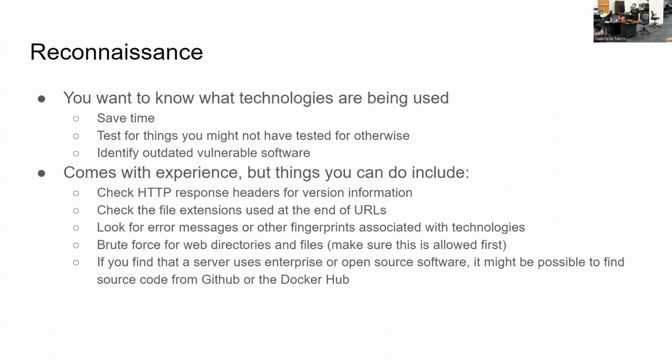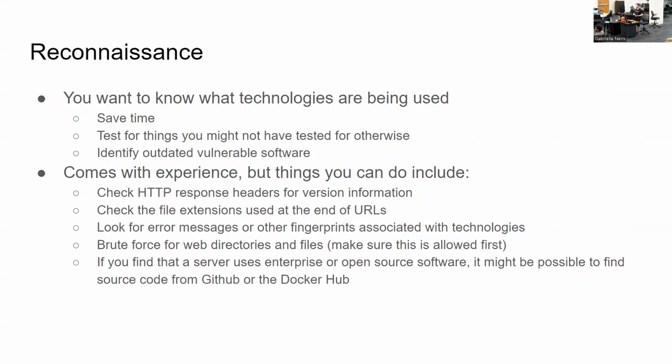So when you start looking at a web application, you really should focus on reconnaissance. One thing you want to know is what technologies are being used, so you can save time and test for things that you might not have tested for otherwise.